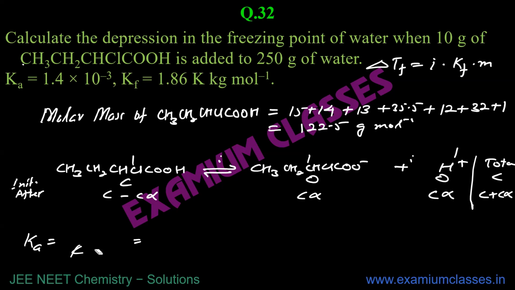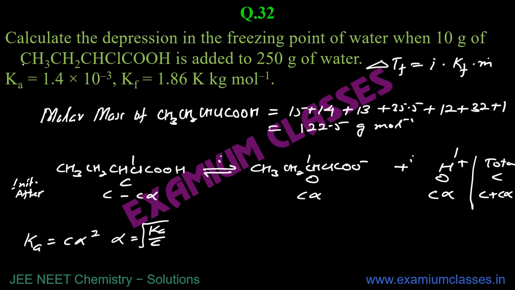You will just say Ka is C alpha square. Because Ka is very small, we can do approximation. From here, alpha will be square root of Ka by C.